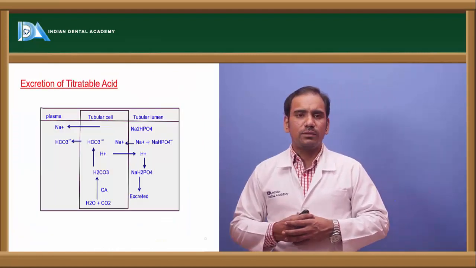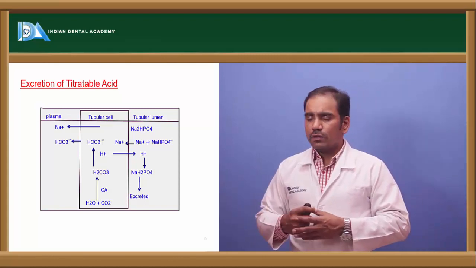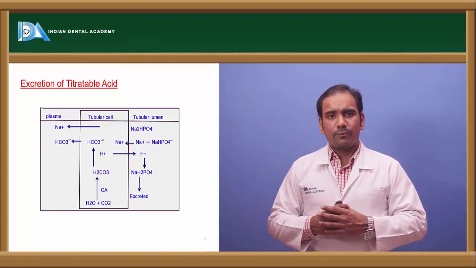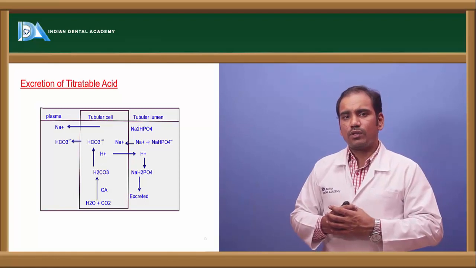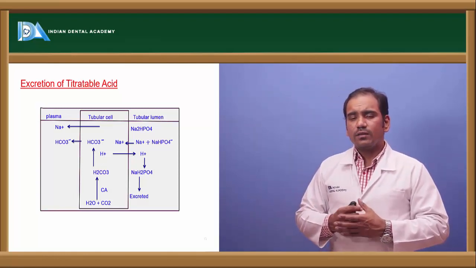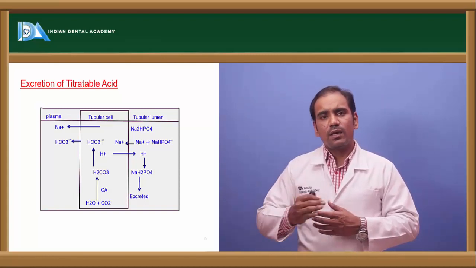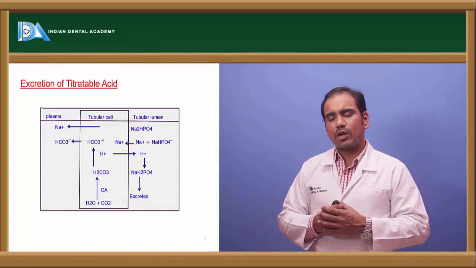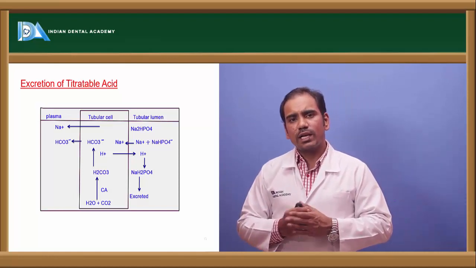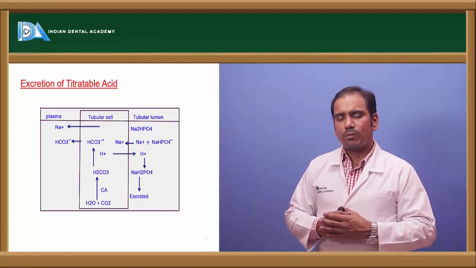Coming to the third mechanism, excretion of titratable acid. So in the DCT cell, the distal convoluted tubule cell, what happens? Here, the same carbon dioxide and water react to form carbonic acid by the action of the enzyme carbonic anhydrase, and that carbonic acid dissociates into H plus ion and HCO3 minus, bicarbonate.